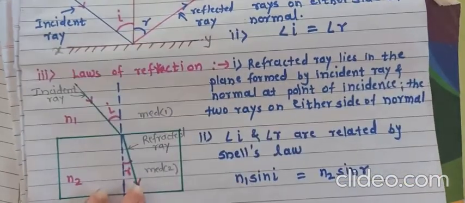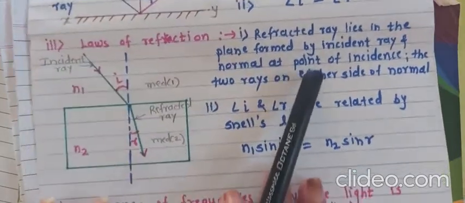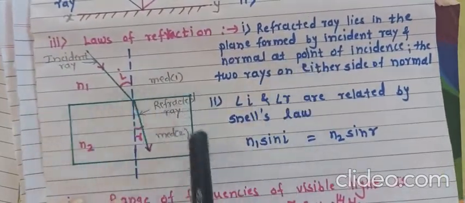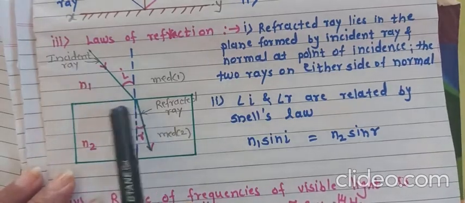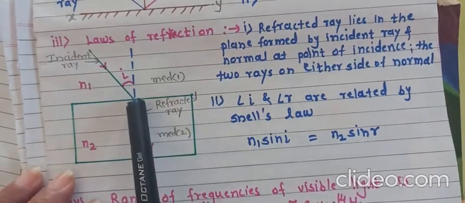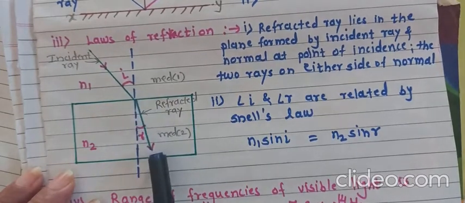Next, the laws of refraction. Consider an incident ray incident on a glass material at a point of incidence and refracted in another medium.